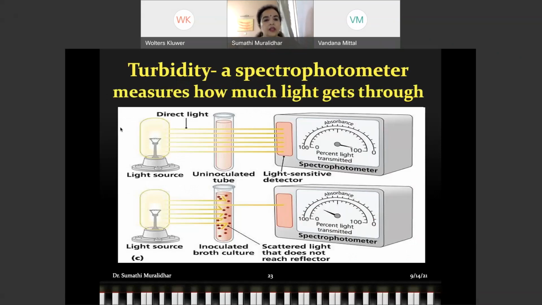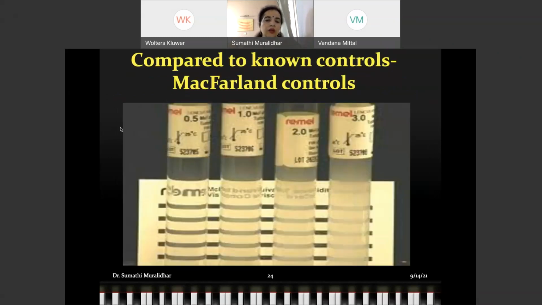And turbidity, this is another way of counting. You use a spectrophotometer where the amount of light that is passing through the tube varies with the turbidity. So the light scatter by the bacteria is measured, and then the counting is done. These are automated procedures. Or you can also use a McFarland control tube. These are control tubes where a given amount of bacteria are there in each of these tubes.